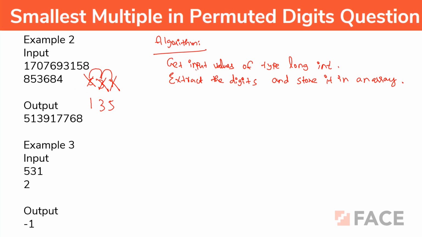So what I have to do is reverse the given array. If I reverse this given array, I'll get my answer as 531. After this, sort the array.